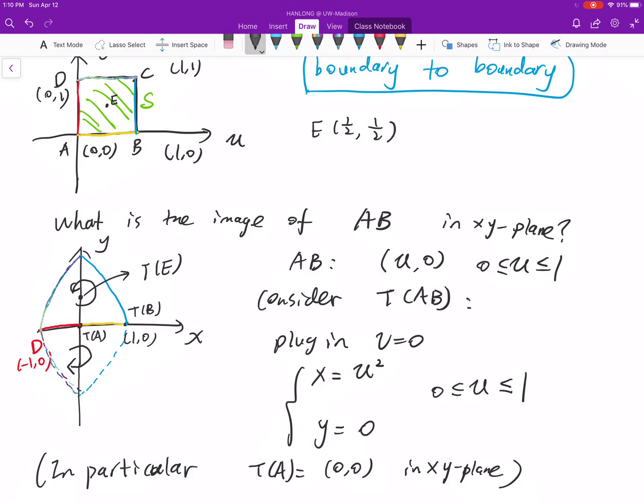Okay, then you see the green part should be on this side, and then your point TC, just this one. Sorry, this is TD. This is TB.